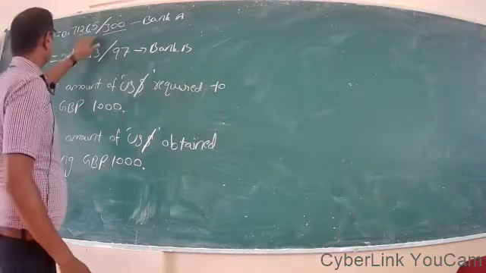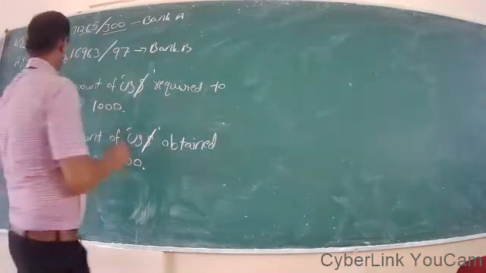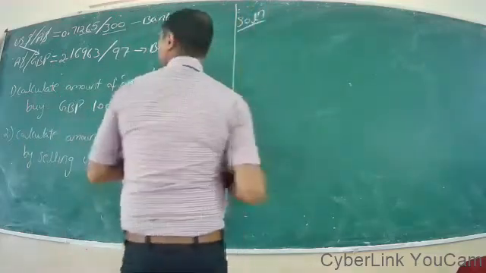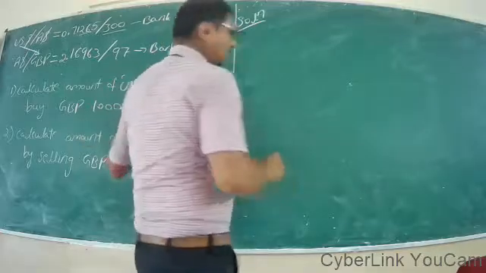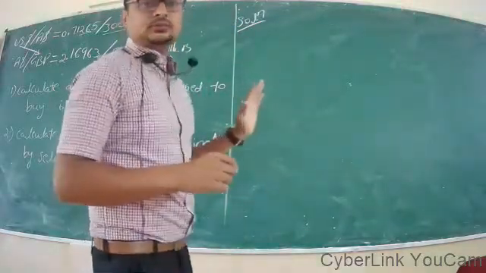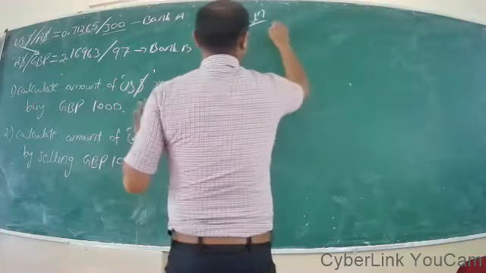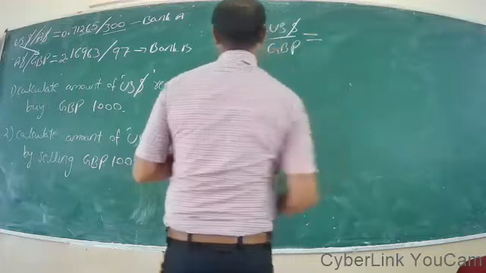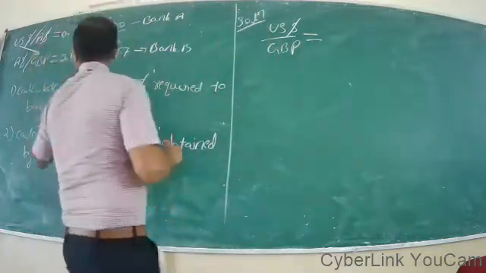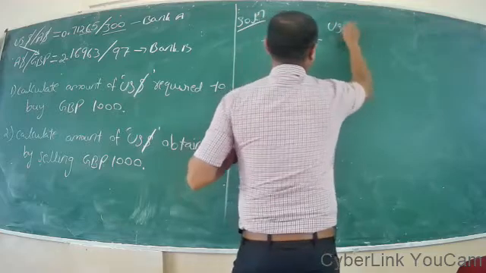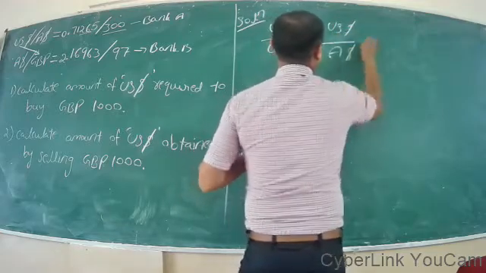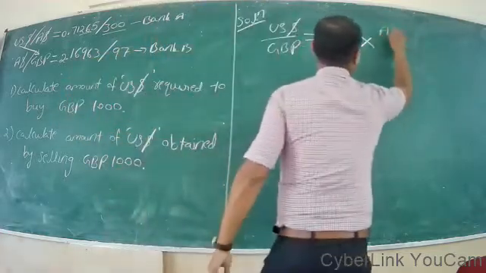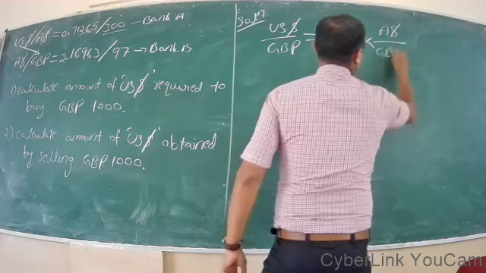Since this is a two-way quotation, they are asking to establish the relationship between US dollar and pound, right? So US dollar per pound is equal to one quotation given as US dollar per Australian dollar, and another bank is offering Australian dollar per pound.